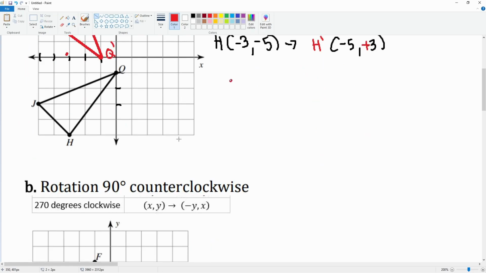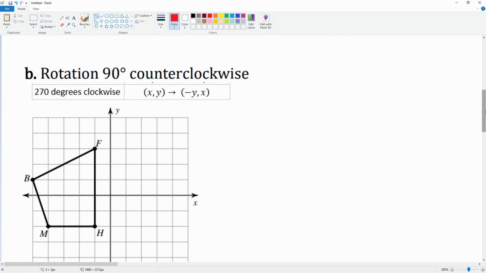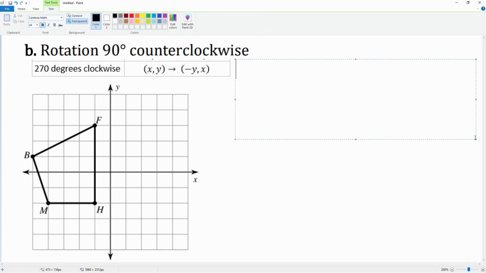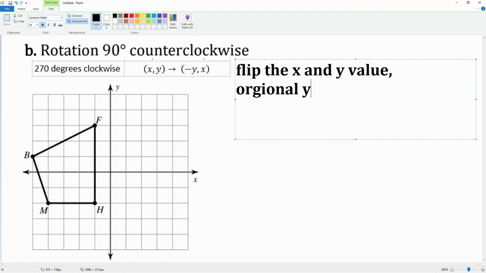All right. Let's do the 90 degrees counterclockwise, which is the same as saying 270 degrees clockwise. So let's just write what this means in English, okay? This means in English that we flip the X and Y values, and then the original Y value changes sign.